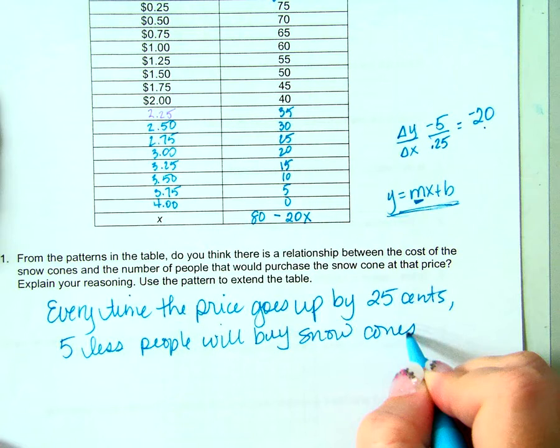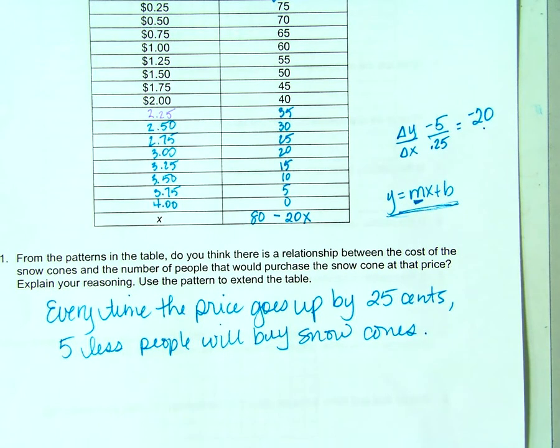That's pretty good. That's a pretty good sentence. That's a pretty good relationship. Make sure you have something similar to this. Okay, good job. Any questions about this?